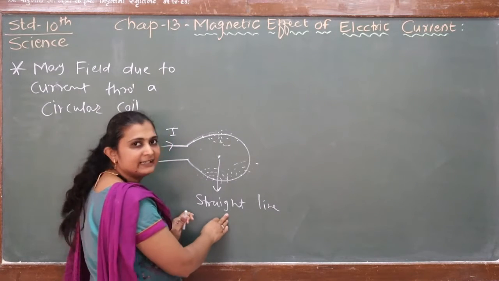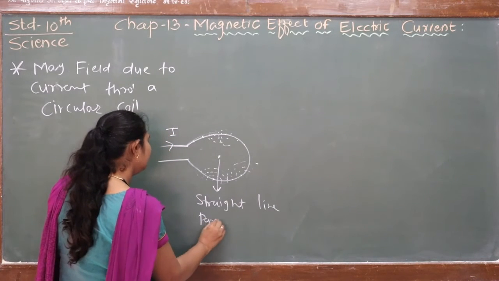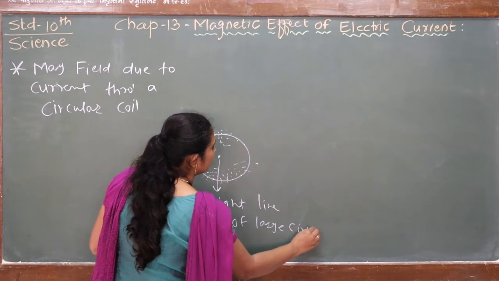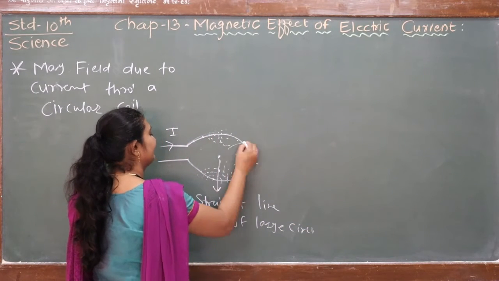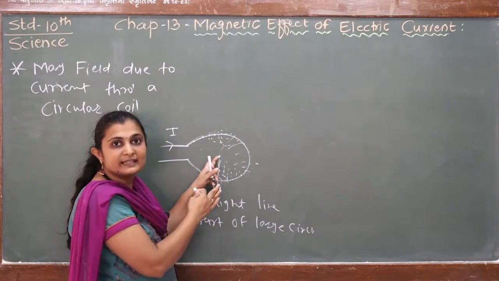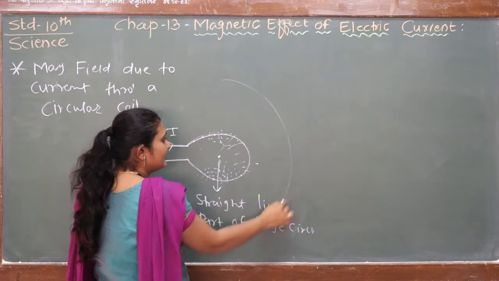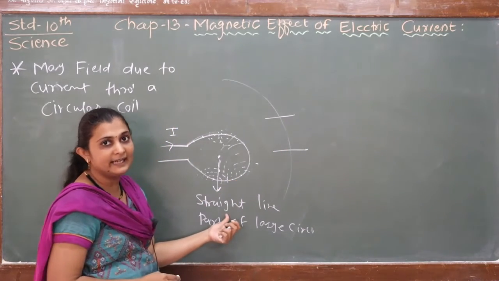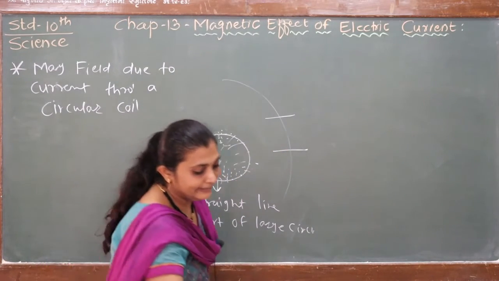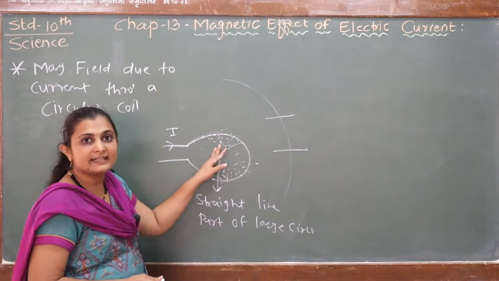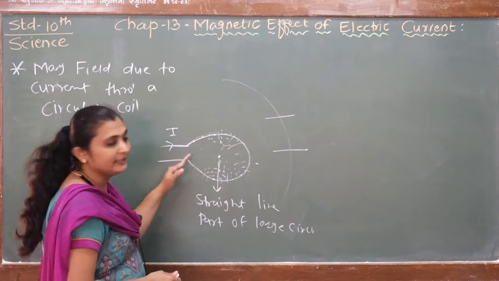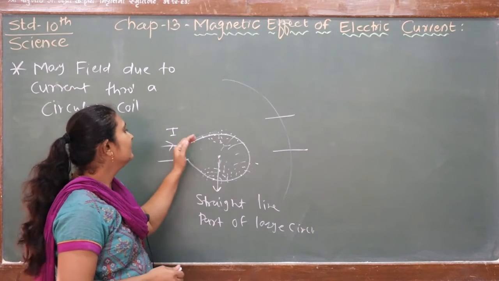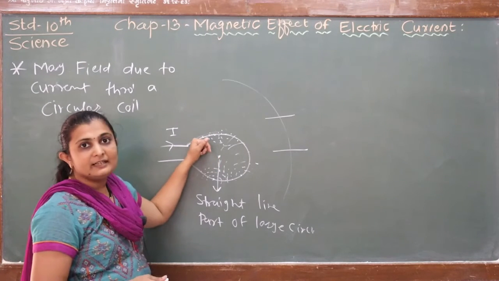Why do we see a straight line? Because it is a part of a large circle. These circles increase, and when you move towards the center, the large part of the circle we can see as a straight line. So at the center the magnetic field is a straight line, and at every point of the coil there is creation of concentric circles.